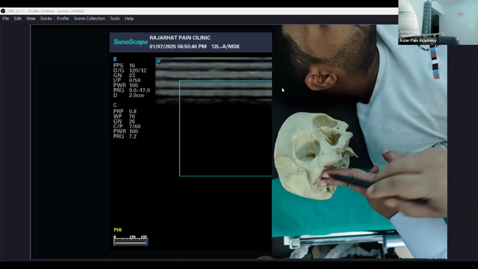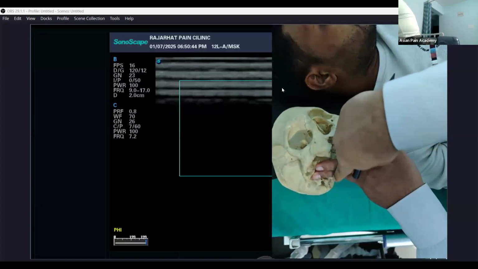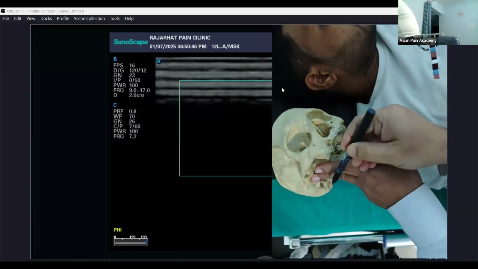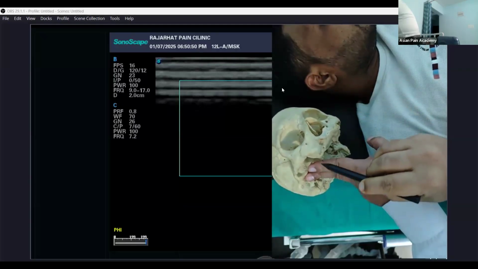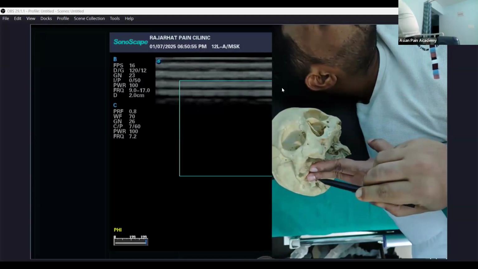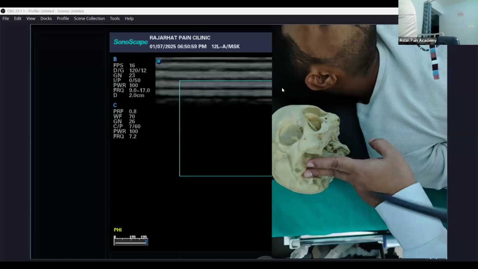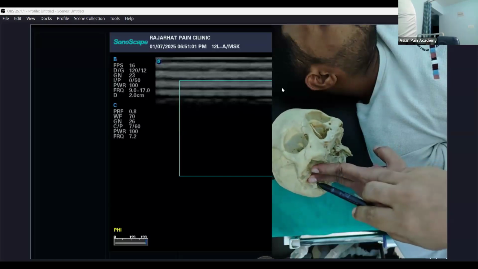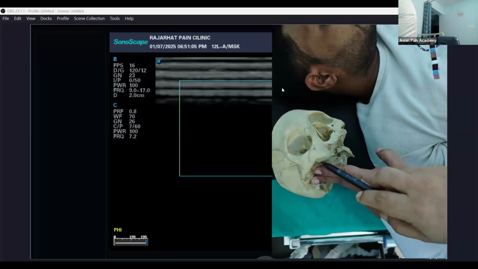So these three things we will see. First, I will put the probe here in this area. I will see the full bony structure. Then I will go a bit up, and I will see a gap between these two processes, the condylar and the coronoid. Then when I come anteriorly, I will see another gap.